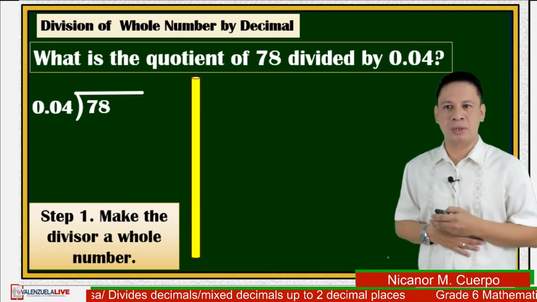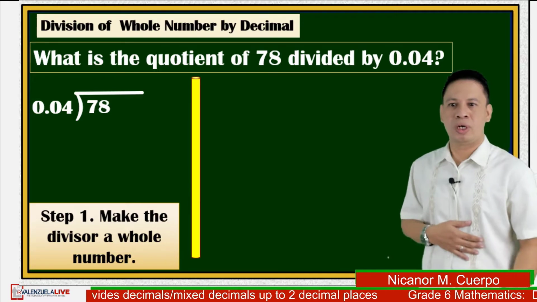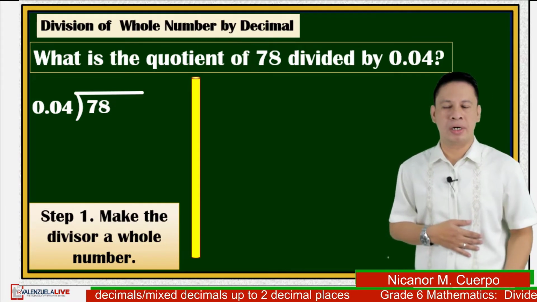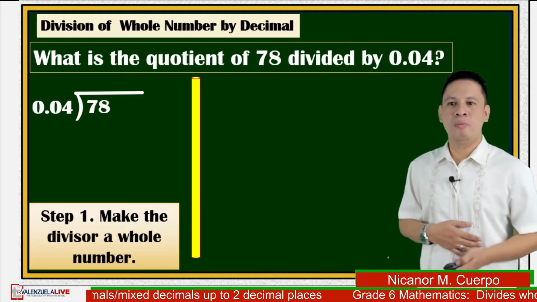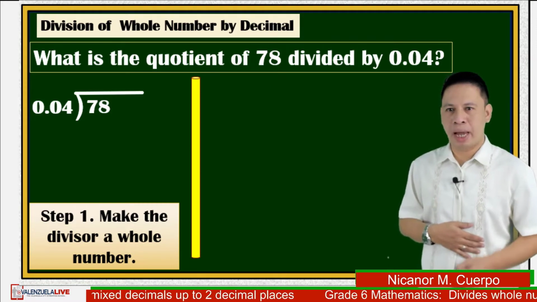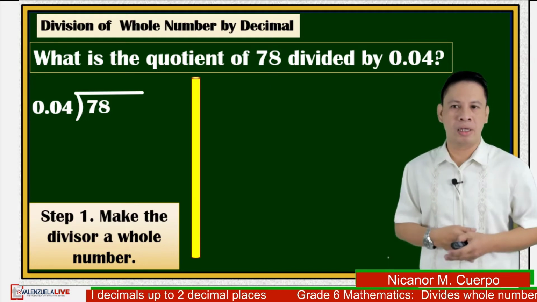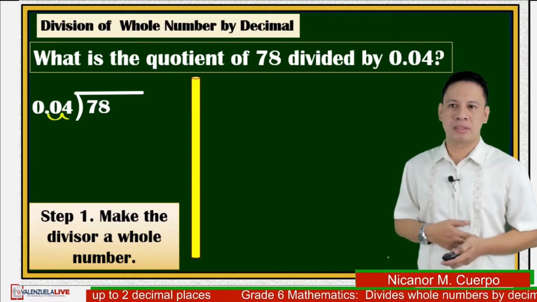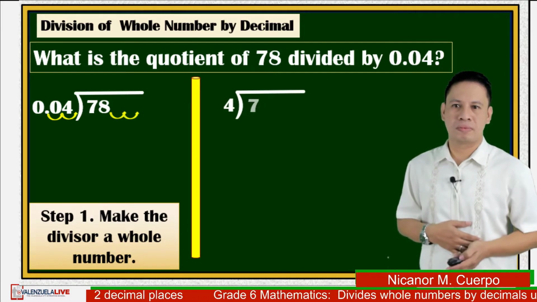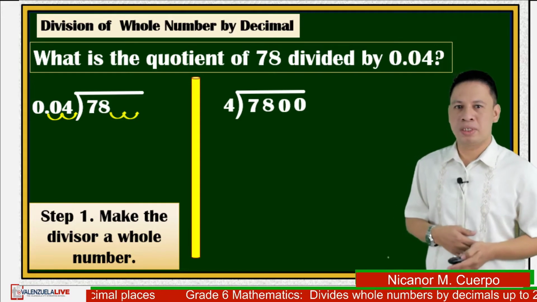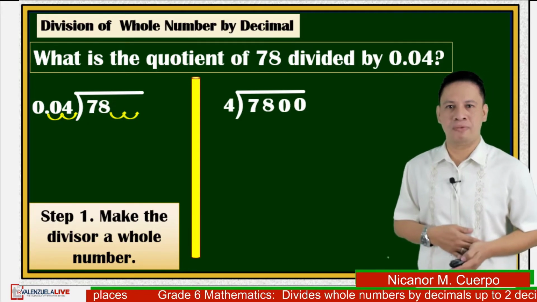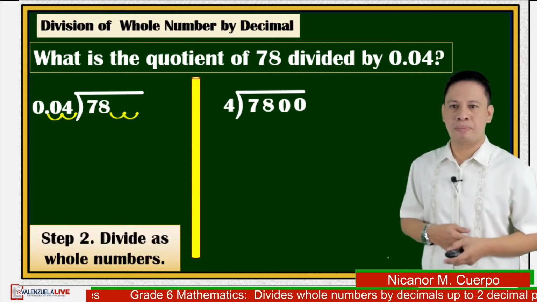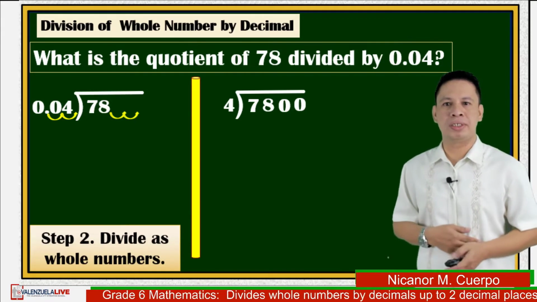Since our divisor is a decimal number, we're going to make the divisor a whole number by moving the decimal point of the divisor and the dividend 2 places to the right. So we'll now have 7,800 divided by 4. Step 2, divide as whole numbers.